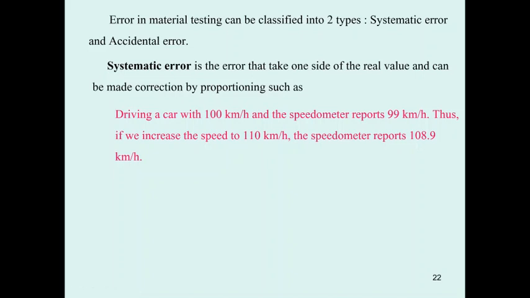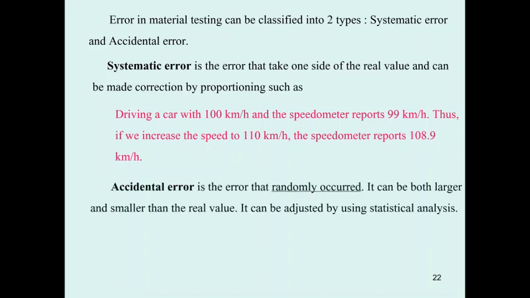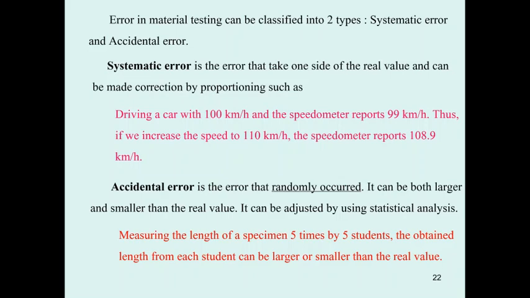The 100 gives 99, so 110 is going to be 110 times 99 divided by 100, so you get 108.9. So the systematic error can be corrected easily by proportioning the value. And the accidental error, like I said, is random. You have to use statistical analysis to adjust the value of the measurement.